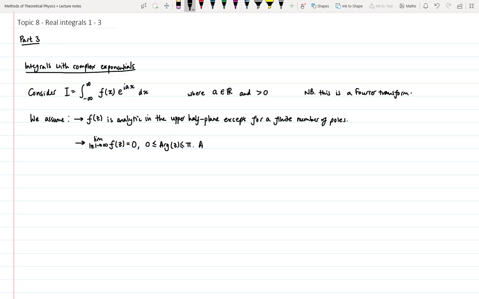You'll note that compared to the assumptions in the previous video, this is a less restrictive condition than imposed earlier. Earlier we had that our function had to decrease more strongly than 1 over z. Here we simply need the function to approach 0 as the absolute value of z tends to infinity.